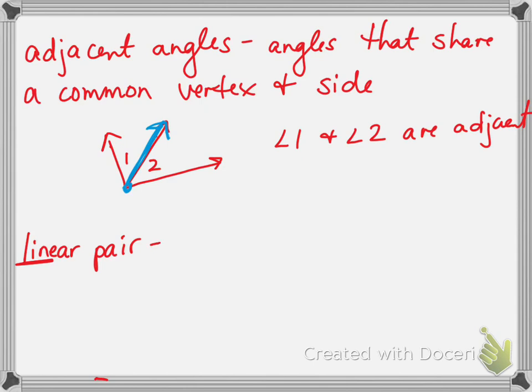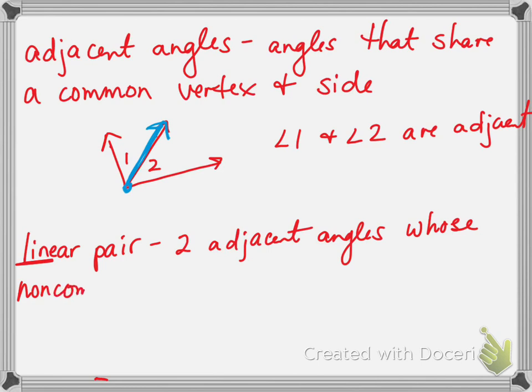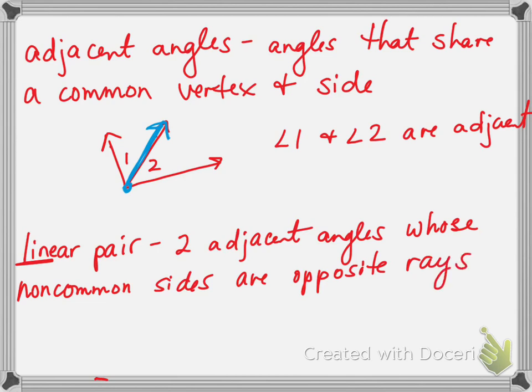Linear pair is two adjacent angles whose non-common sides are opposite rays. So they are adjacent angles. I'm going to give you a picture of what they look like.